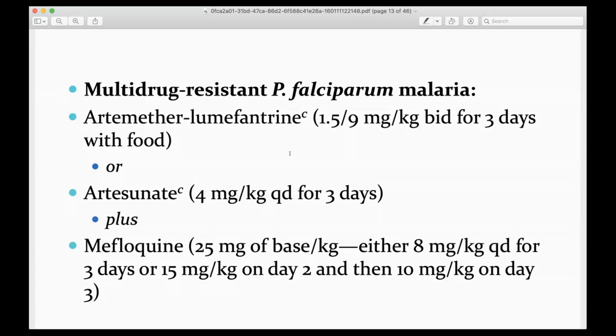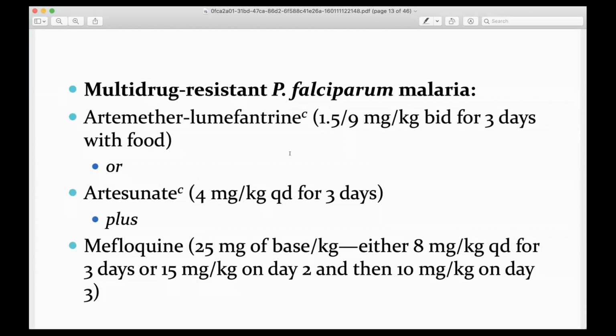Or if it is artesunate sensitive but chloroquine resistant, then you can use artesunate. It is a very good drug, well tolerated, 4 milligram per kg. Here the dose you have to give is a little higher, that is QD, meaning 4 times daily for 3 days.